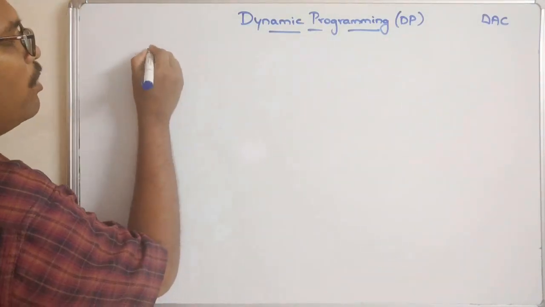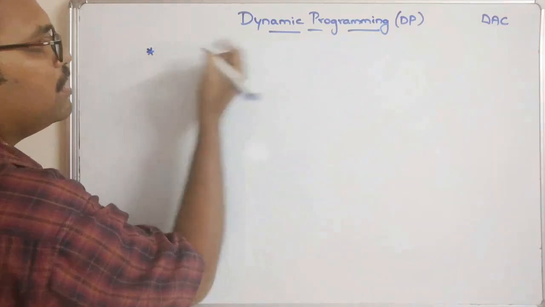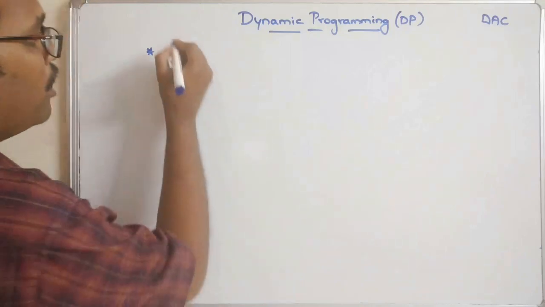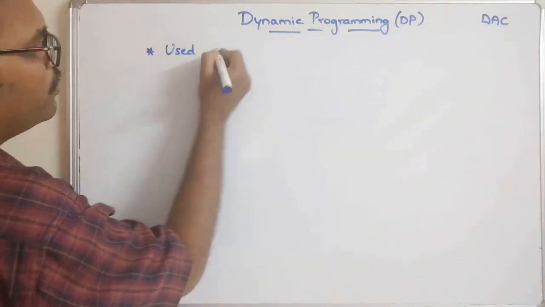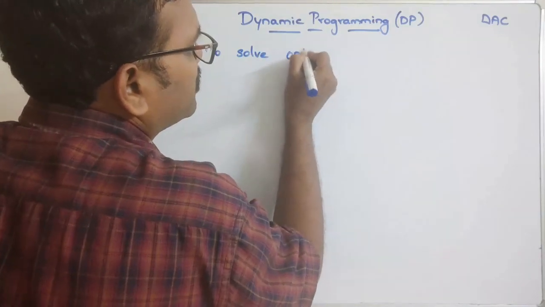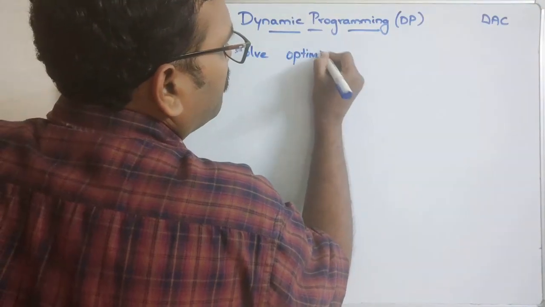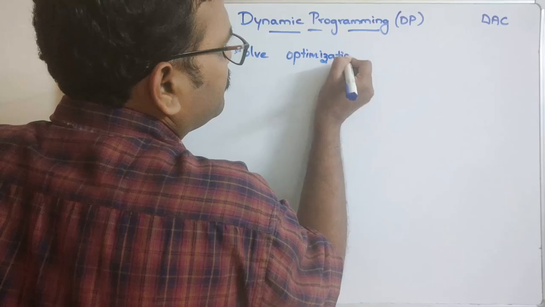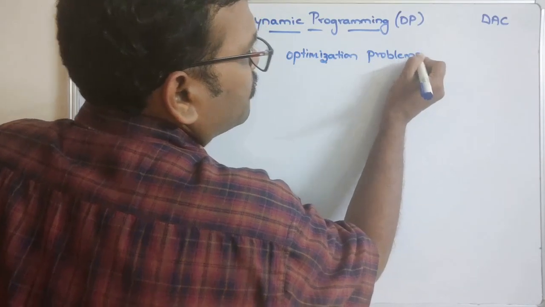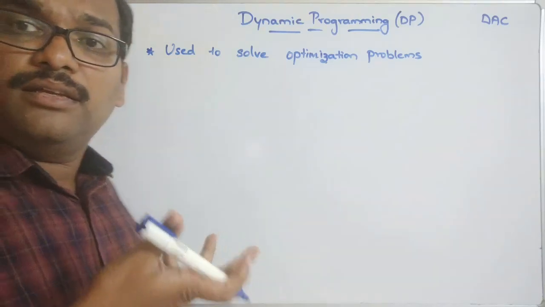And the main goal of this dynamic programming approach is to solve optimization problems. I think we have seen this in the greedy method.